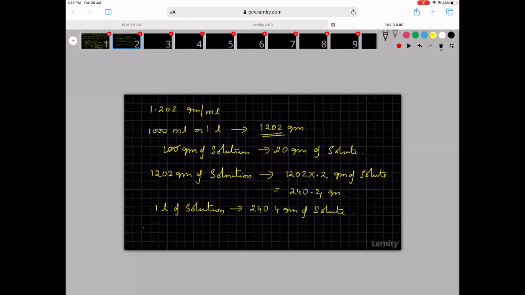Now, what is molarity? Molarity is number of moles per liter of solution. So number of moles will be how much? 240.4 divided by 166. So you can divide it and then check what it is. That one calculation you will have to do.